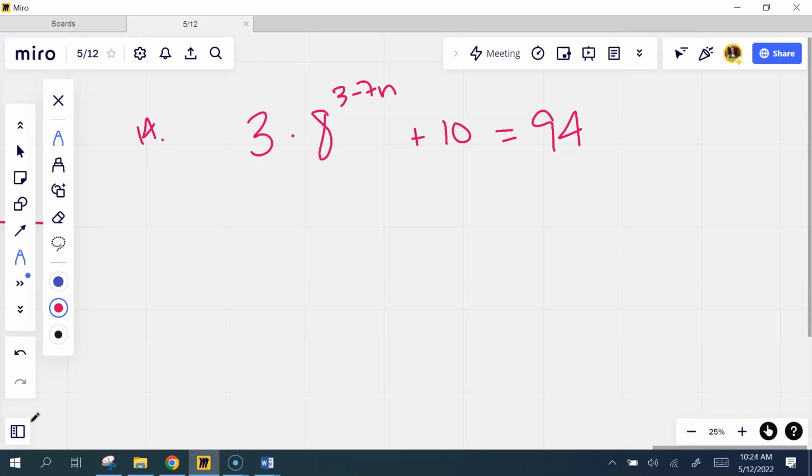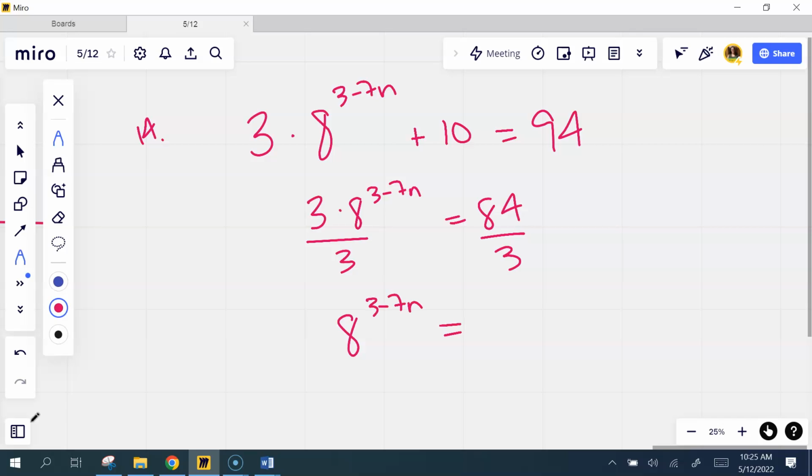What first? Subtract 10. So I have 3 times 8. What now? So I'm left, now you have successfully isolated the exponential piece.